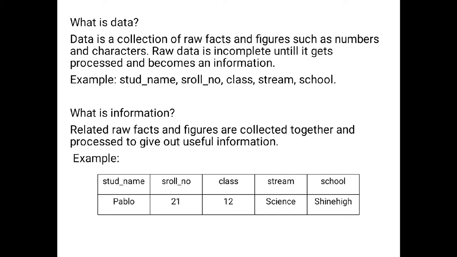When you collect all those raw data together and combine it, it becomes useful information. It tells the student name, roll number, in which class he's studying, which stream he has selected, and in which school he's studying. I hope you have understood what is data and what is information.